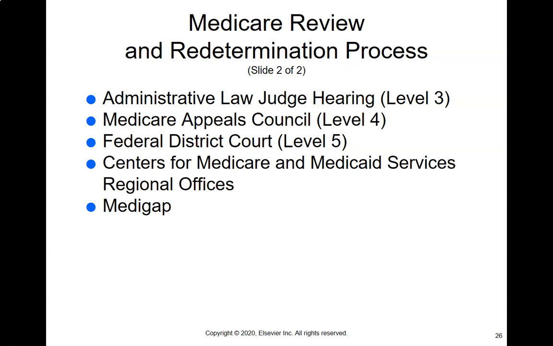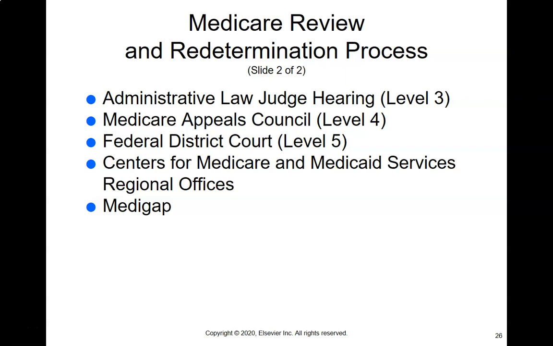Some hearings, depending on the amount in question, may be requested from an administrative law judge. The Social Security Administration also has an appeals council if you feel the judgment was not lawful. Finally, in costly and controversial cases, you might appeal all the way to the federal district court.